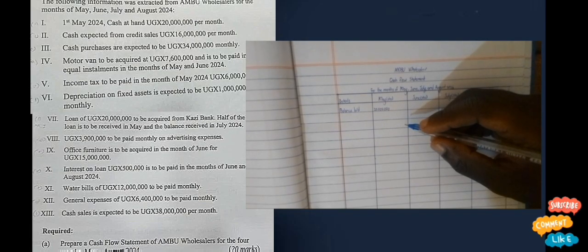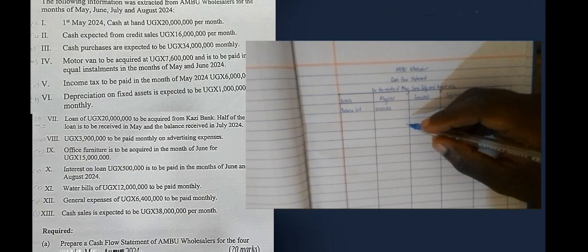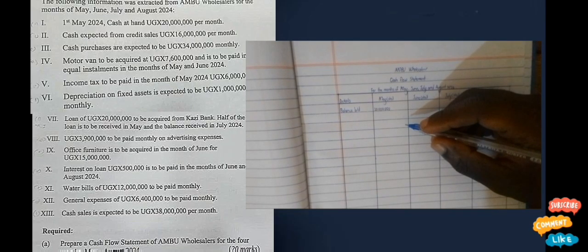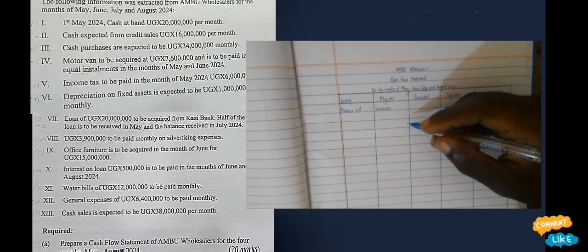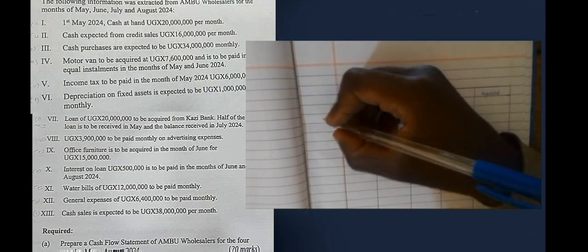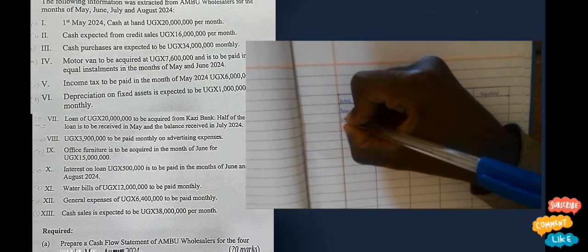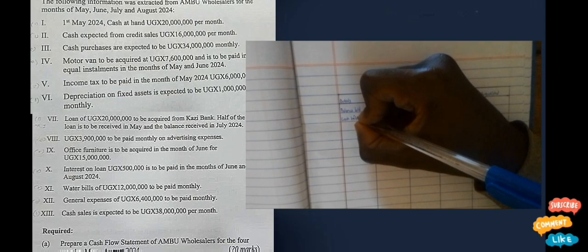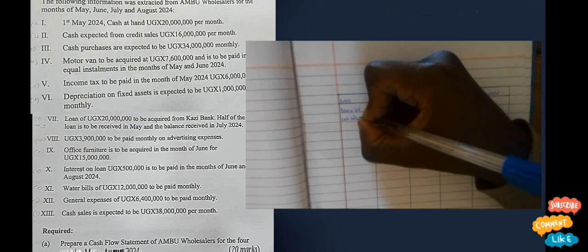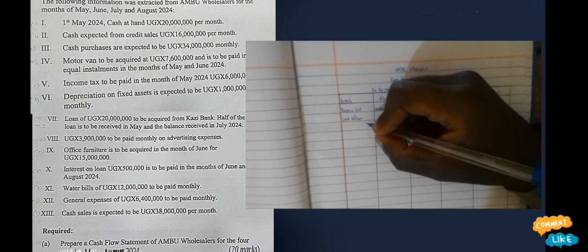So credit sales are those sales made but there is no money transacted. So the expectations from these sales are 16 million per month, which means those credit sales are paid off within those very months, and those are equal to 16 million. So our first cash inflow is credit sales of 16 million.